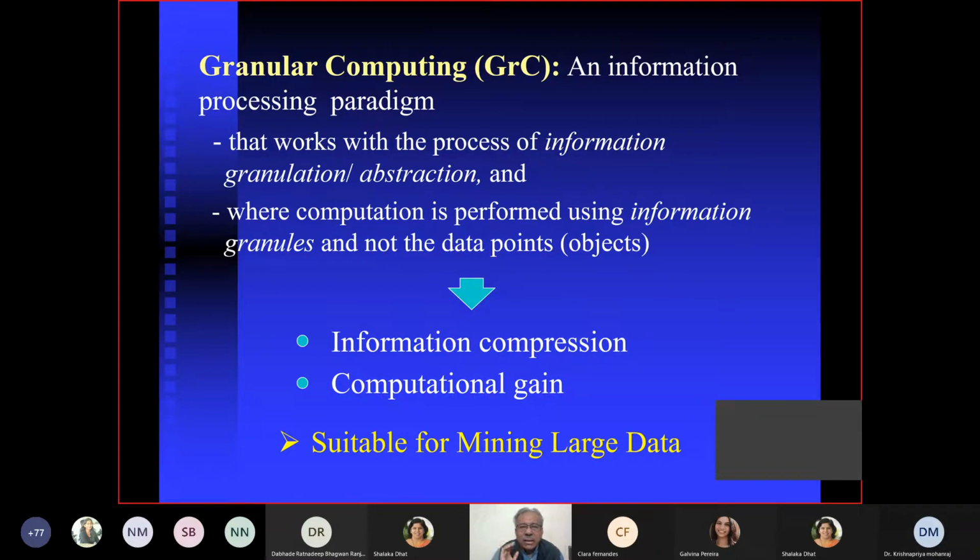Whatever information you have extracted in the form of rules or in the form of any other set or equation, then you perform all operations based on this. So, since this information granulation abstraction is basically compressed information, and since you are playing with information compression, granular computing leads to computational gain. So it's called suitable for mining large data sets.